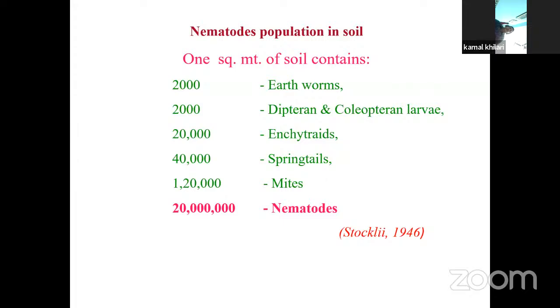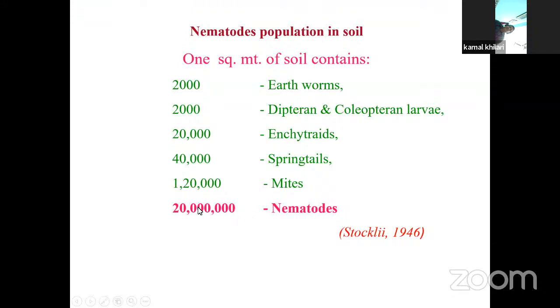And if we look at the population of these nematodes in the soil, in general, as the earlier speaker was talking about earthworms, in 1 square meter of soil there may be 2000 earthworms. And if we talk about nematodes, in 1 square meter of soil there may be 2 crore nematodes.